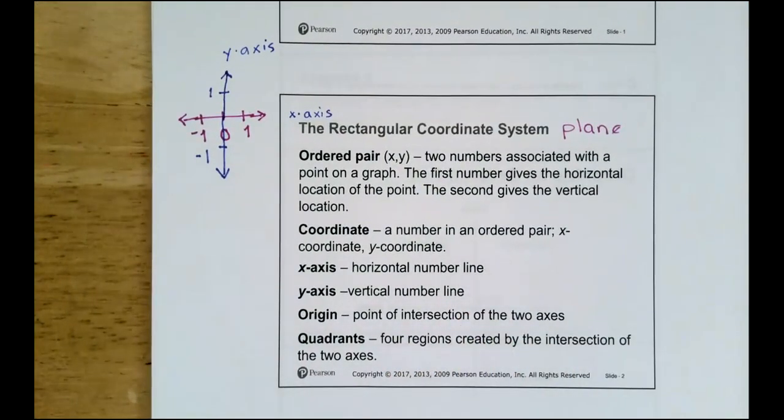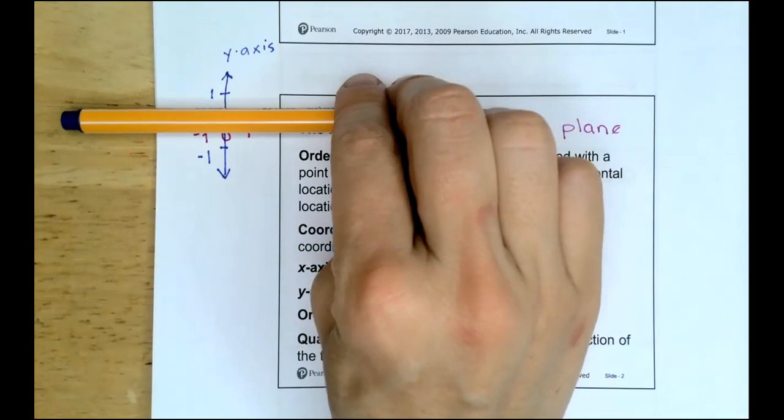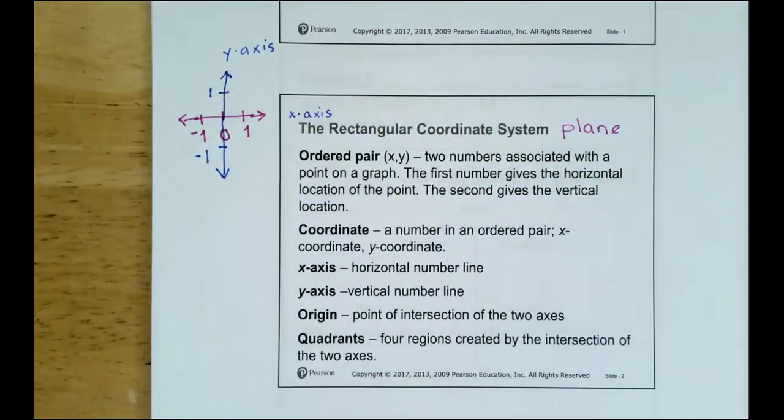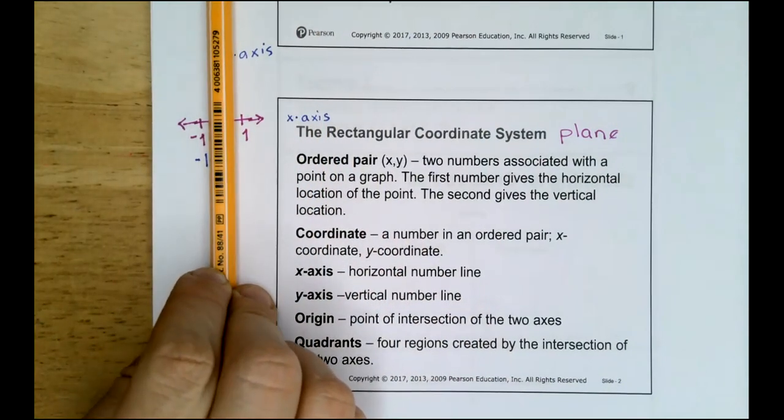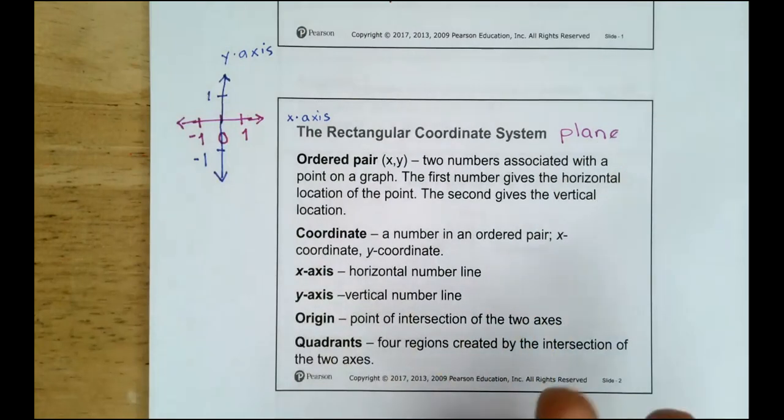Good. So ordered pairs are two numbers associated with a point on a graph. The first number is the horizontal location. Horizontal means like this, like horizon. The second gives the vertical or up and down location of the point. Good. So the coordinate is a number in the ordered pair, your x coordinate or your y coordinate.